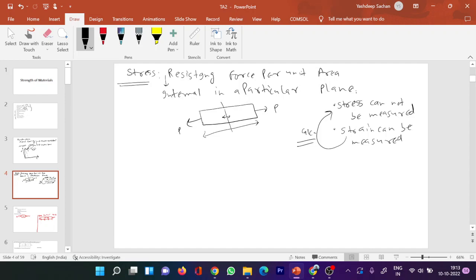Do you know what a tensor is? Scalar, do you know scalar? What is scalar?